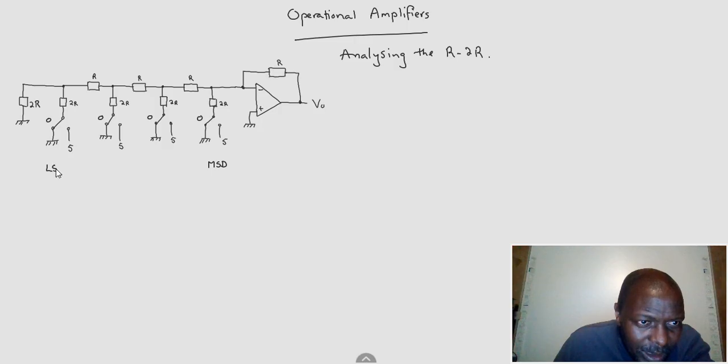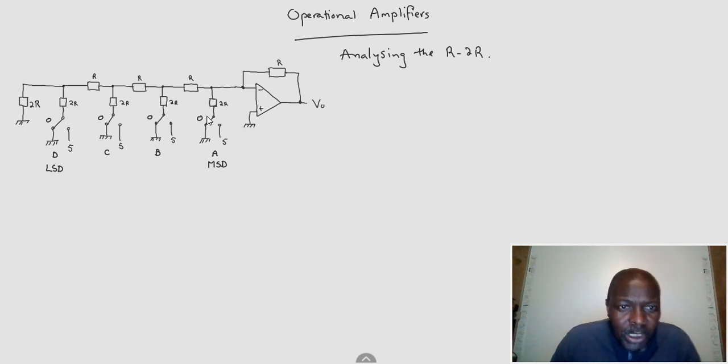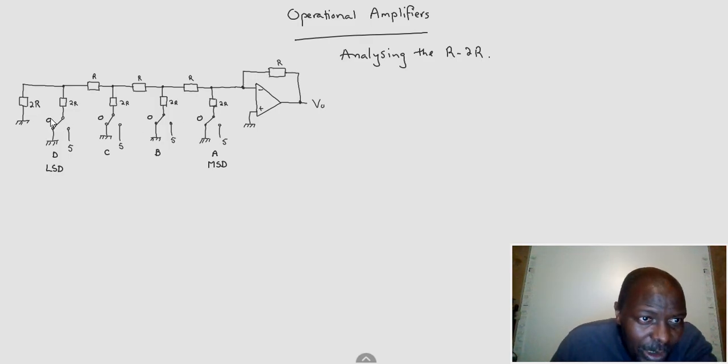Since we only availed 4, this is going to be A, B, C, and D. So our switches can either all be off, and then we can have a 0.